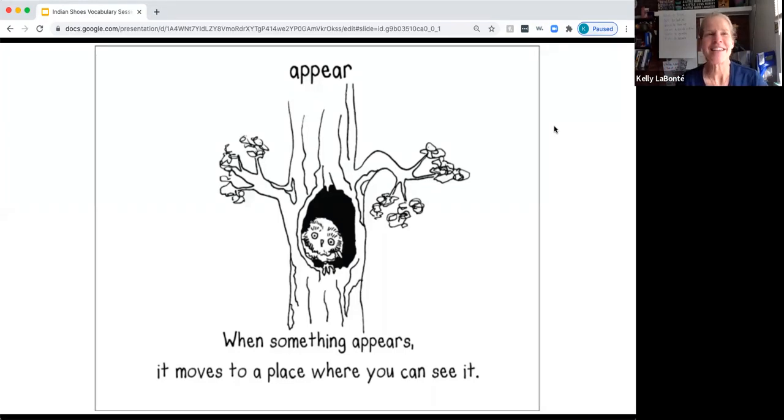Go ahead. Tell them some things that might appear. If you were thinking like when you are at a haunted house and a skeleton appears, that would be a perfect example. All right, friends, let's move on to another word.